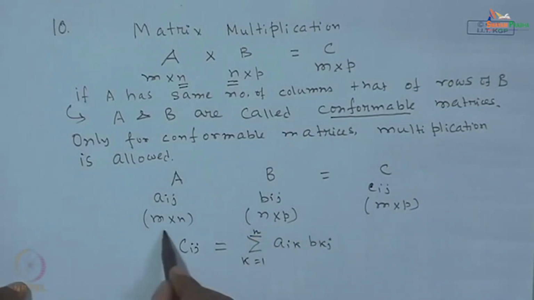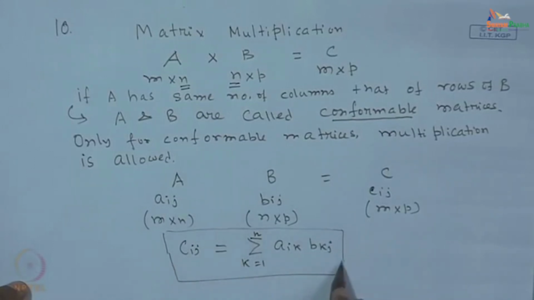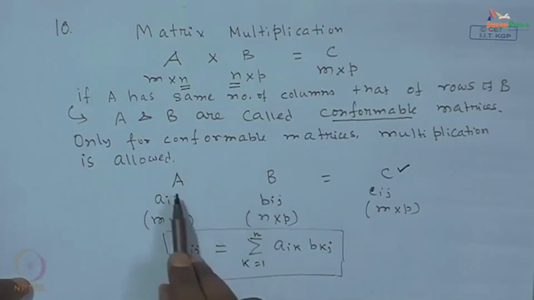So, by following this rule, we will get the elements of the product matrix of the corresponding conformable matrices.